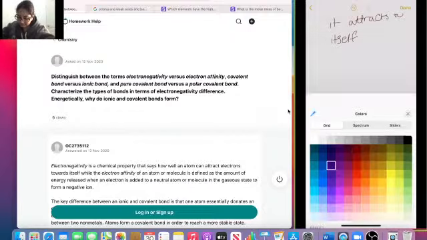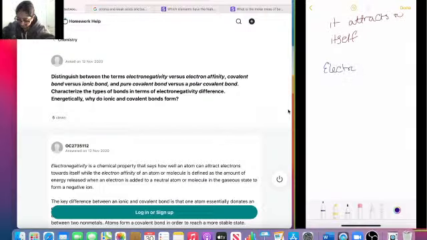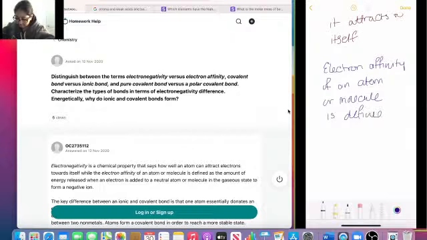So we can say the electron affinity of an atom or molecule is defined by the amount of energy released when an electron is added.